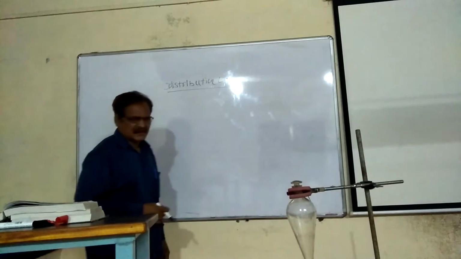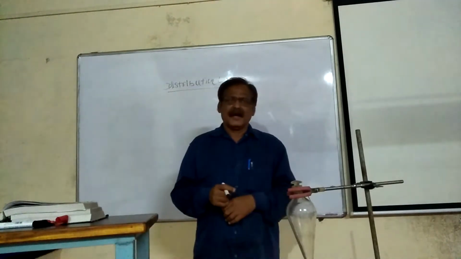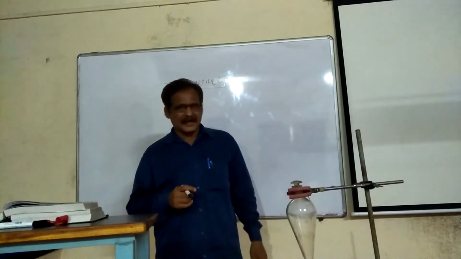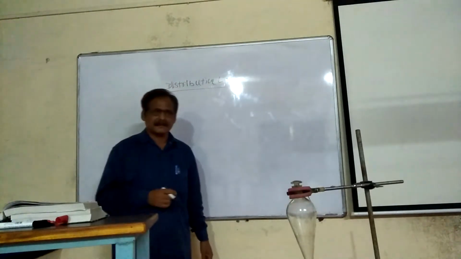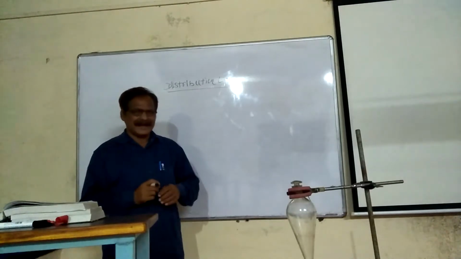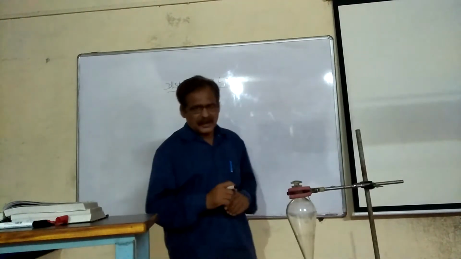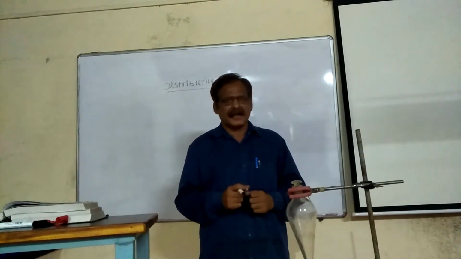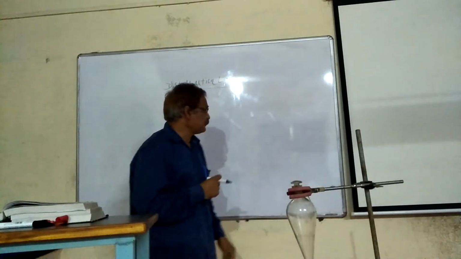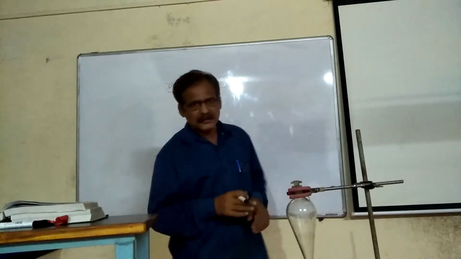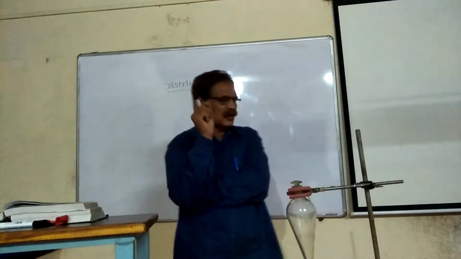So what happens in this case? When we take aqueous solution of acetic acid, and mix it with ether and take a mixture of these two in a separating funnel and shake it well, we find that acetic acid distribute between ether and water.